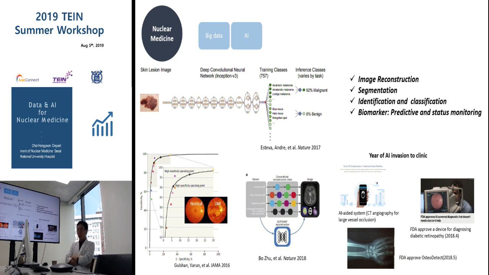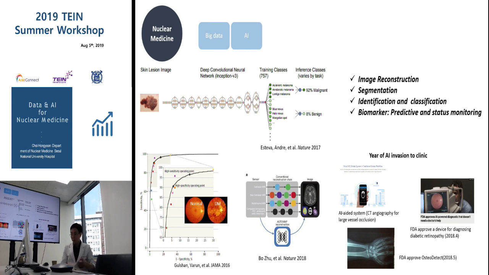And other deep learning models have been applied to several types of medical fields. For example, Google researchers applied deep learning models to ophthalmological images. This is fundoscopy imaging, and one of the most common indications for fundoscopy imaging is diabetic retinopathy. So they wanted to differentiate diabetic retinopathy from normal fundoscopy images, and they showed that deep learning had much higher performance than ophthalmologists.